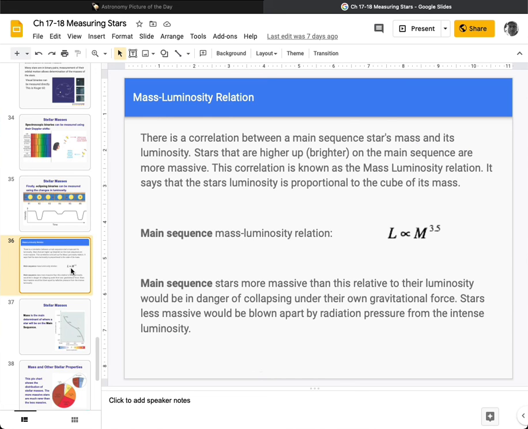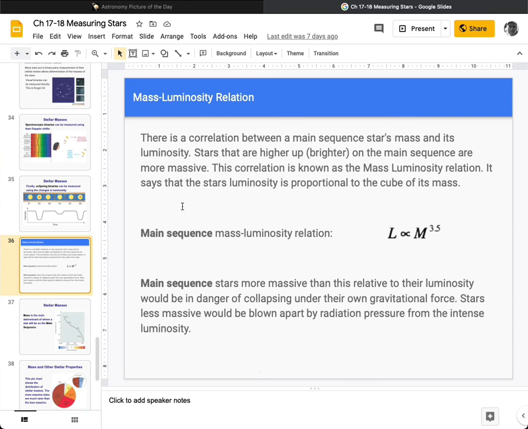And it turns out to be proportional to, which is like this little sideways 8 or an infinity with the far right side lopped off. L, luminosity, is proportional to mass to the 3.5 power. So 7/2, 7 halves power. That weird relationship, and the physics is not all that hard to figure out.